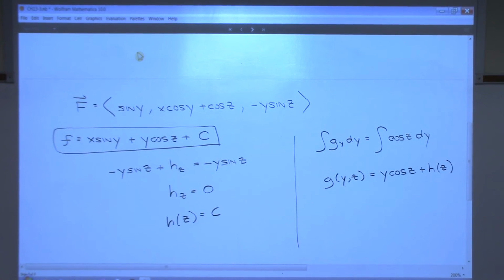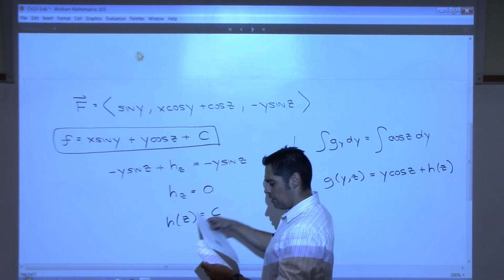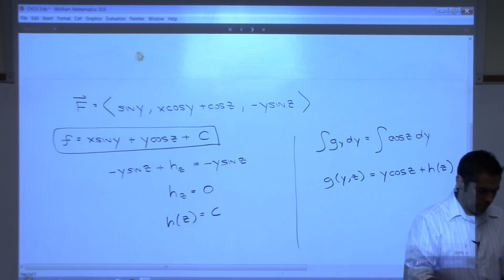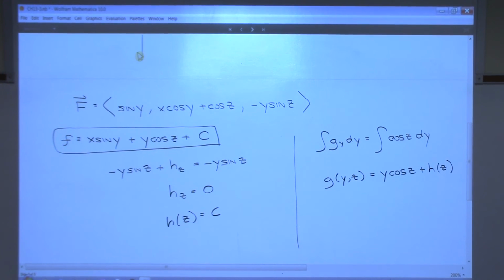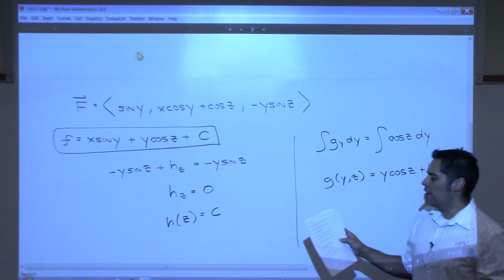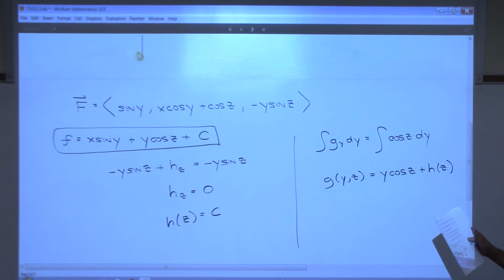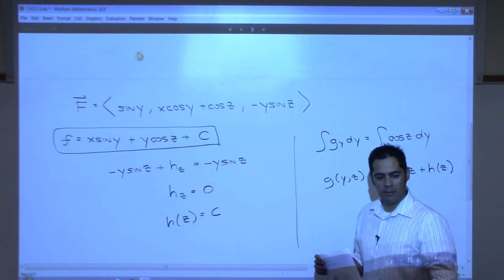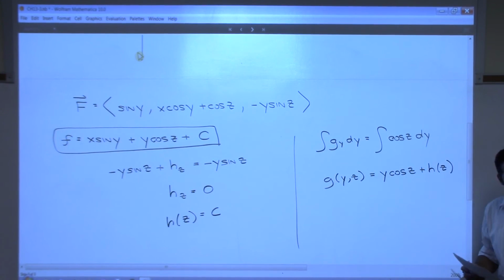Everybody have a copy of the take-home? Look at number 4. Anyone need one? I'm telling you on number 4 that capital F is a conservative vector field. And I asked in part A for you to find its potential function. I spent a lot of time making that function, so it's ugly as well. When you have to do all this, it's going to require some work. Some techniques of integration are involved there.